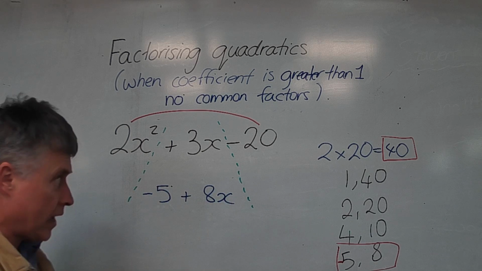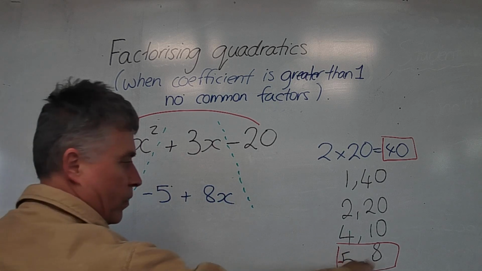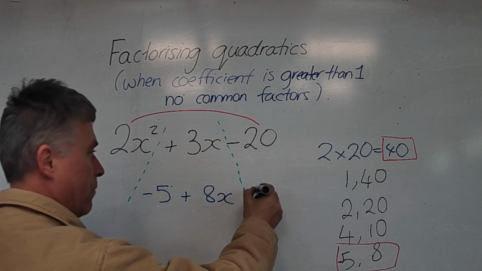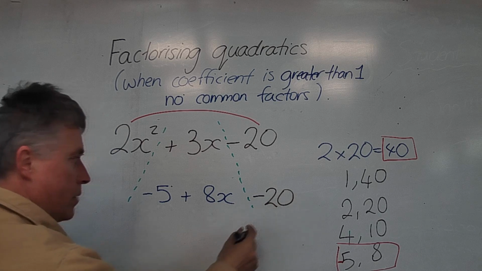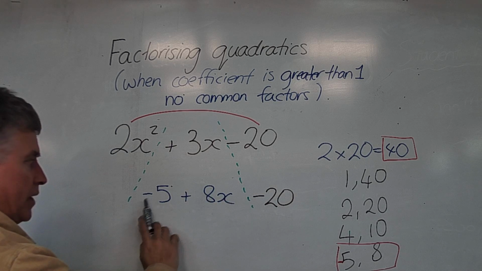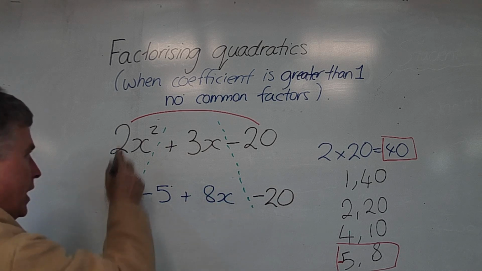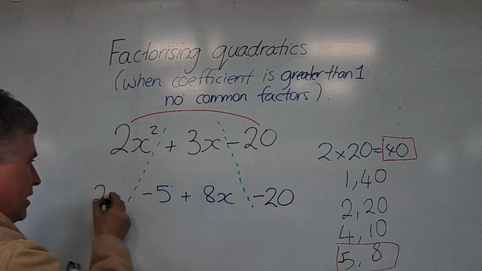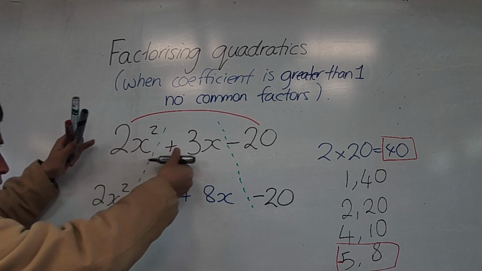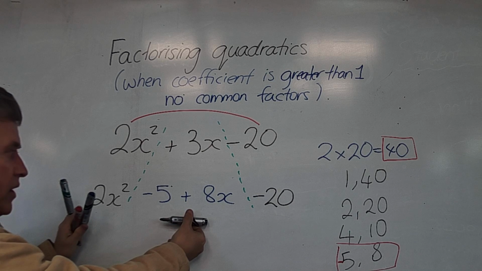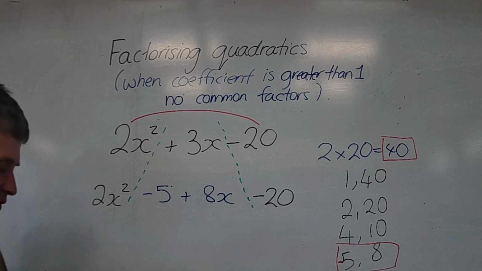So it's not a mistake, it's just that the order can matter. So we'll bring the minus 20 down. Remember, this is telling me one has to be plus and one minus, that part. And I'll bring the 2x squared down. So now we've got the first one, now it's been split to this, okay? All right, so that's actually good.